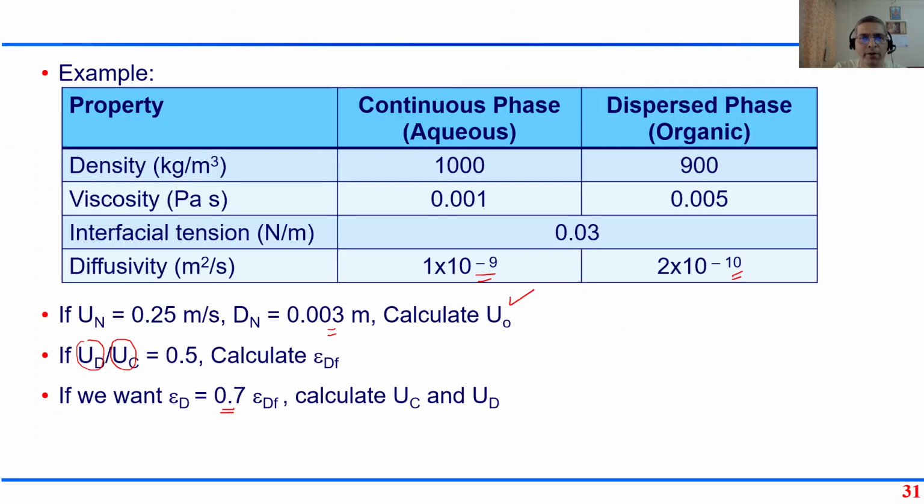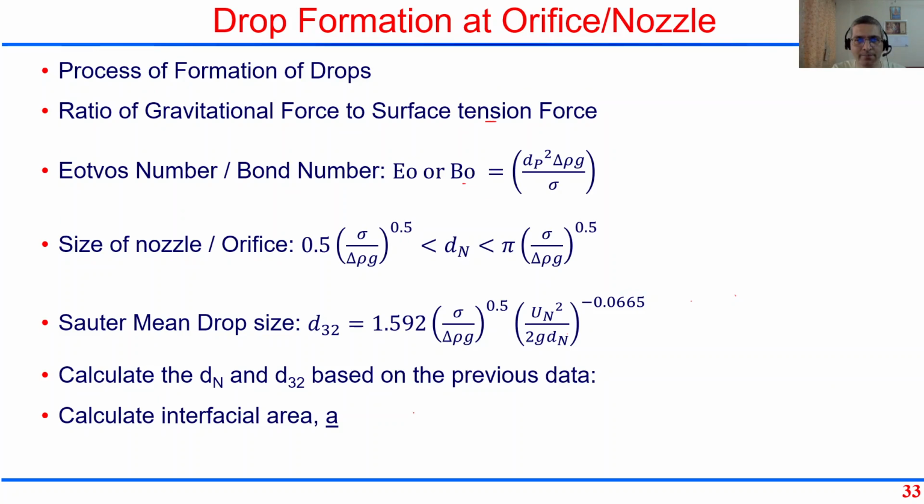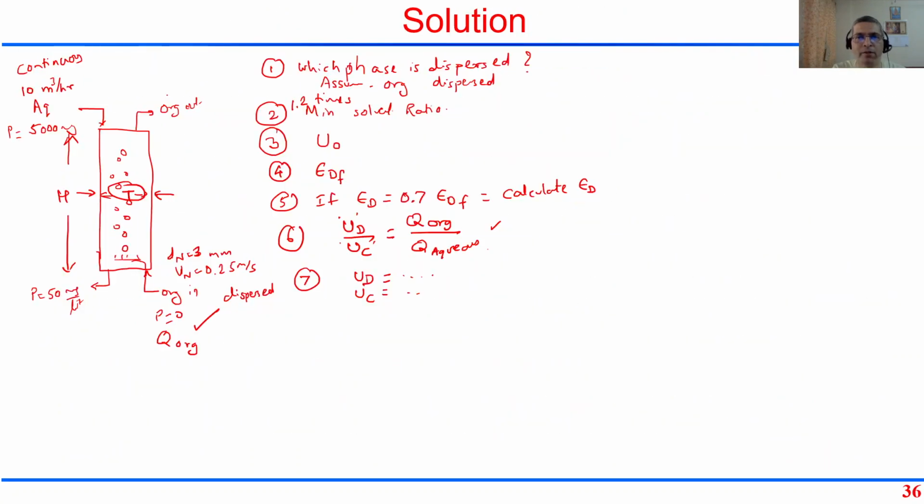0.5. Now it may not be 0.5, it may be something else, because now it depends on the minimum solvent ratio and how many times this minimum solvent ratio that we are taking. So the actual ud by uc ratio will depend on this minimum as well as how many times the minimum that I'm going to take.